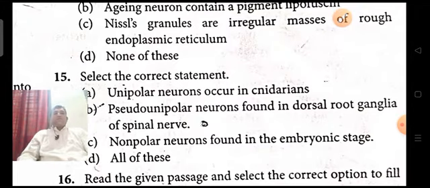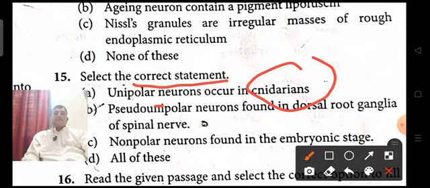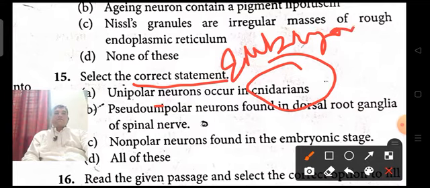Non-polar neurons are found in the embryonic stages, and all of these. So here they are asking to find out the correct statement. Unipolar neurons occur in the embryonic stages. So it is wrong.